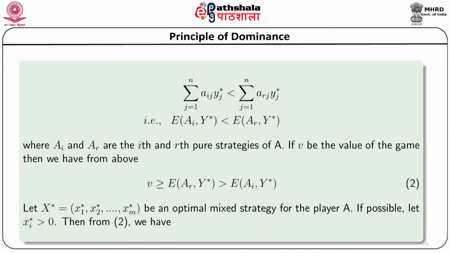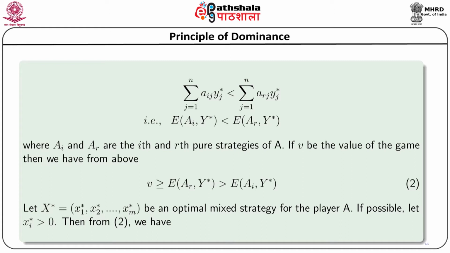That is, we can write E(a_i, y star) is less than E(a_r, y star), where a_i and a_r are the ith and rth pure strategies of A.